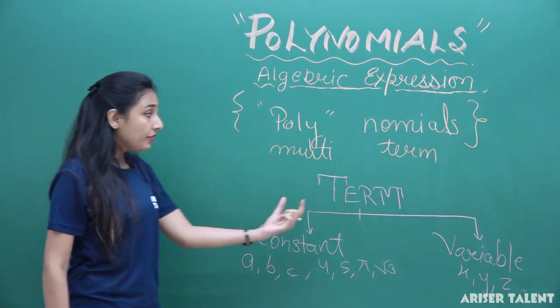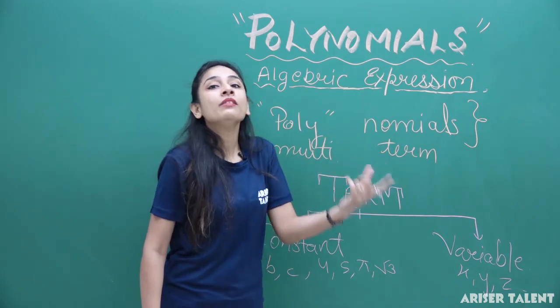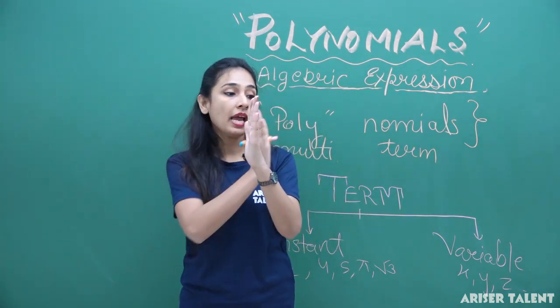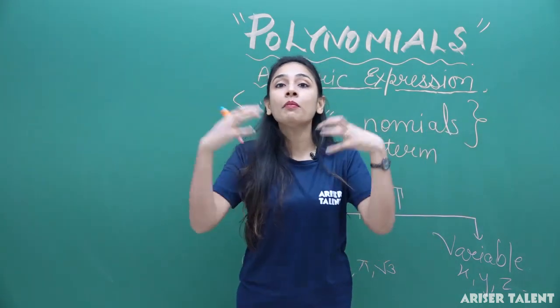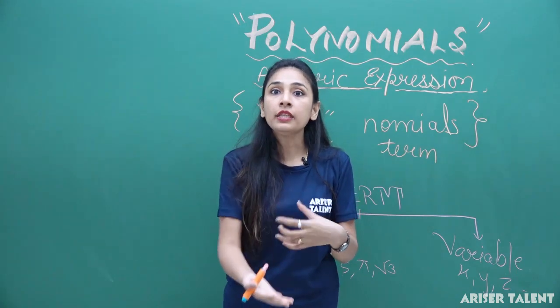Now we have terms. I am telling you that you are going to have more than one term. So how will this term and all other terms combine? By the sign of addition and subtraction.